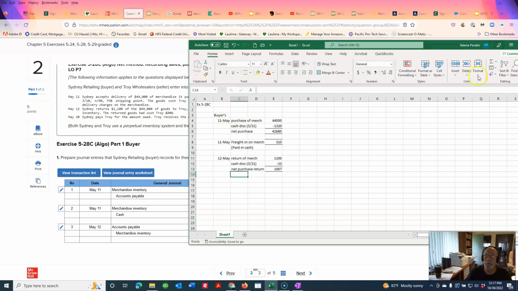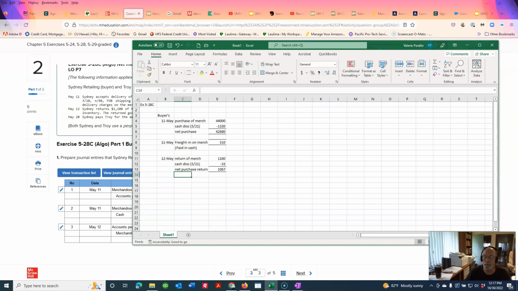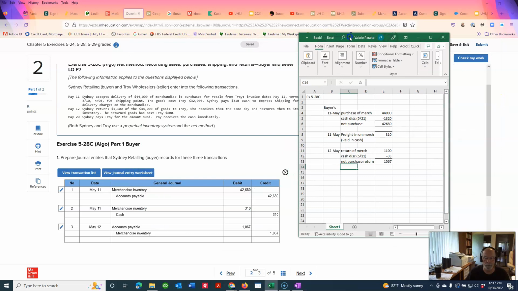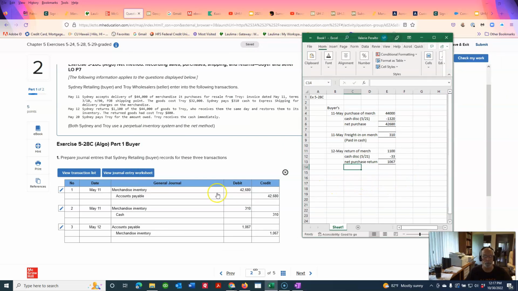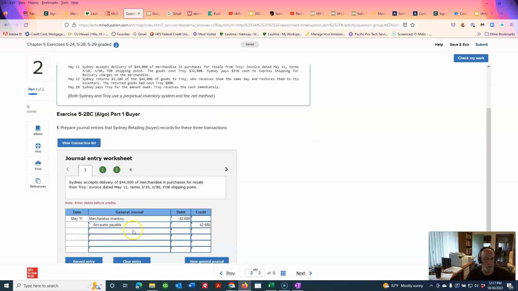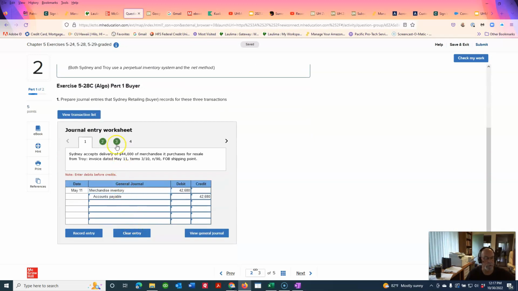Okay, so I think using this spreadsheet is helpful to get a feel for the calculations for these transactions as we go through them. And then let's go back to the worksheet, and the second part of that transaction says the returned goods had cost Troy $800.